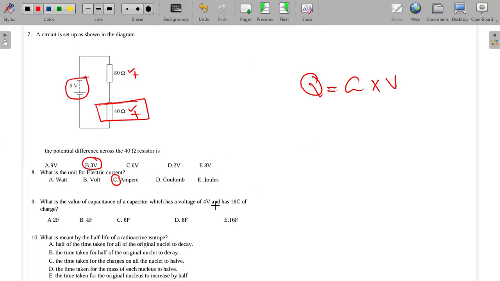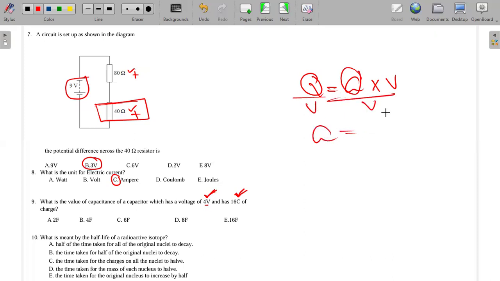Using what we've been given in question 9, we've been given voltage and charge, and they want us to find the capacitance. So this is charge and this is voltage. We are looking for capacitance, so divide both sides by voltage.